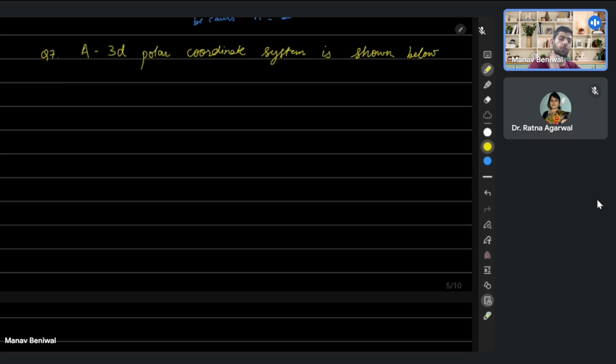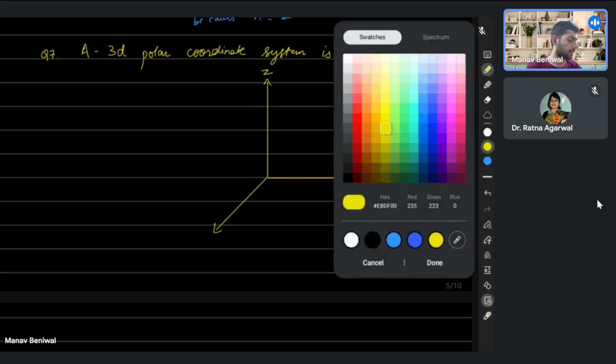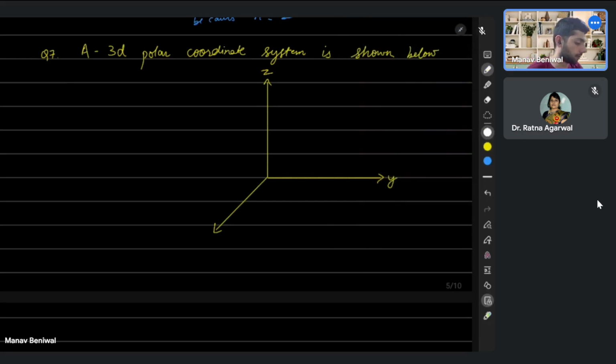Okay, let's draw one polar coordinate system. Let's say this is our z-axis. This is maybe the y-axis, and finally we can have the x-axis here. Okay, and then we can take a general point.